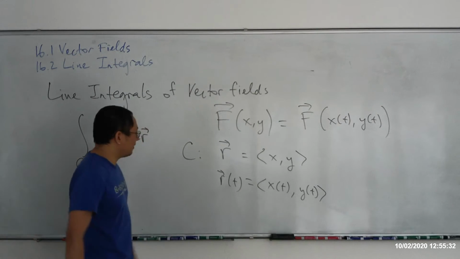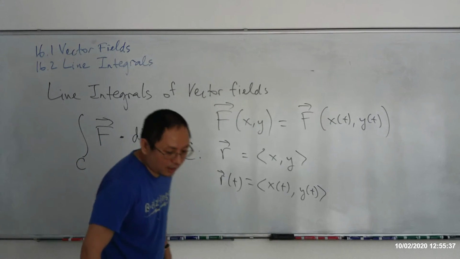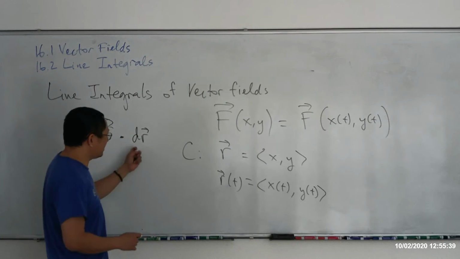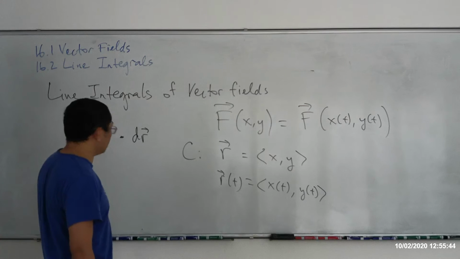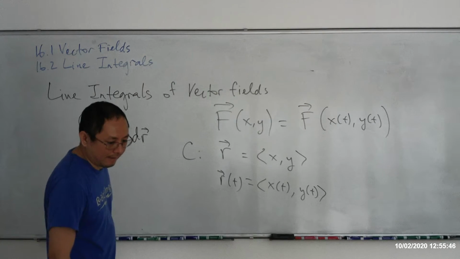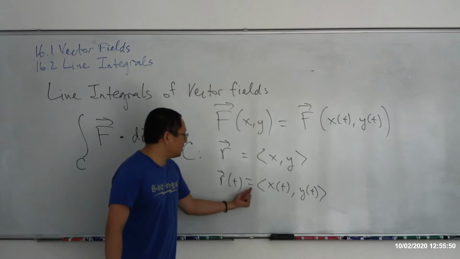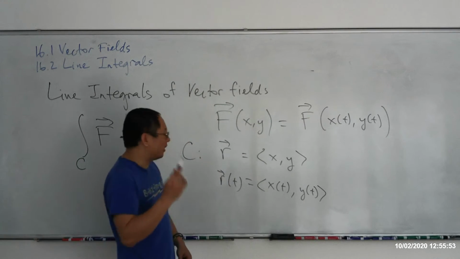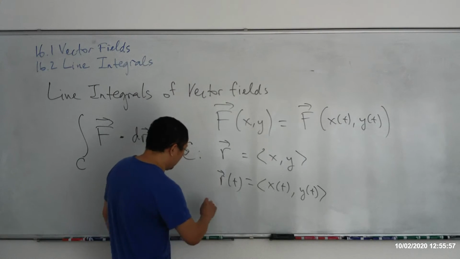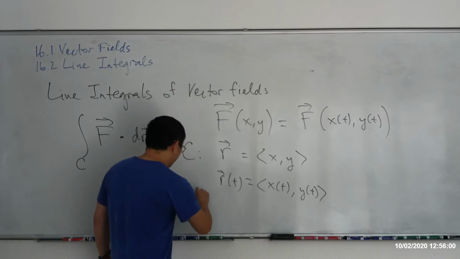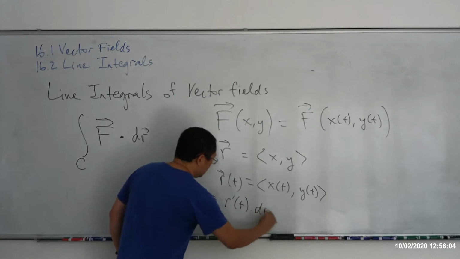So what is dr now? Dr is r prime of t times dt, the derivative. I think we learned it in chapter 12 or 13, around there. And F is F of r of t. So this becomes the integral of F of r of t dot product with r prime of t, times dt.